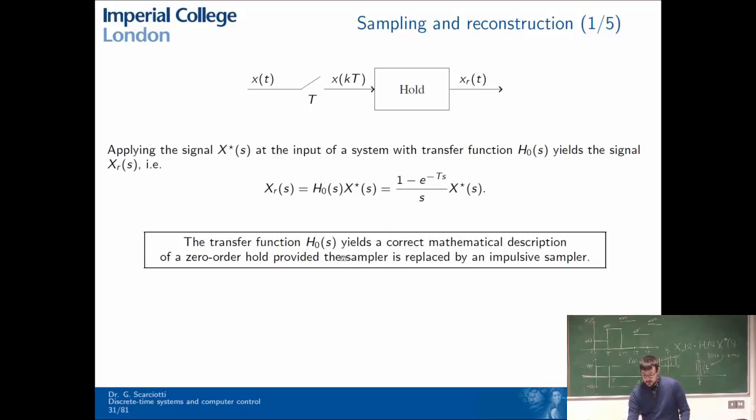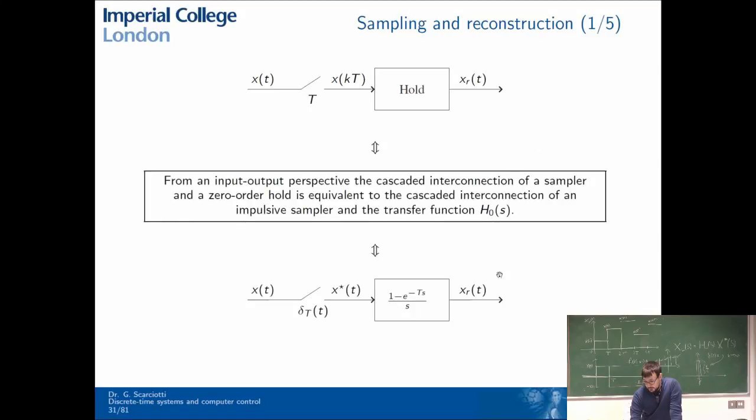And H0 of s becomes a correct mathematical description of the whole device, in particular of the zero order hold device. This is true provided that the sampler is replaced with an impulsive sampler. This is explained better in the next slide.